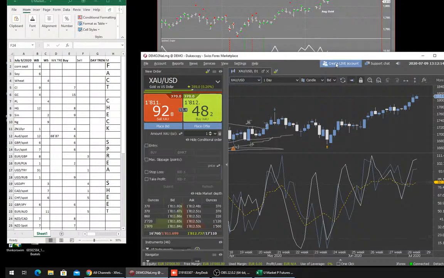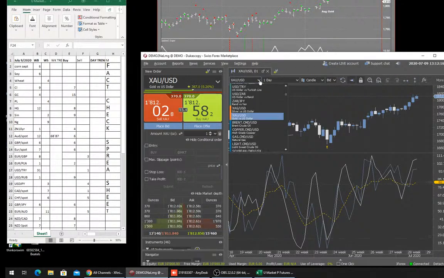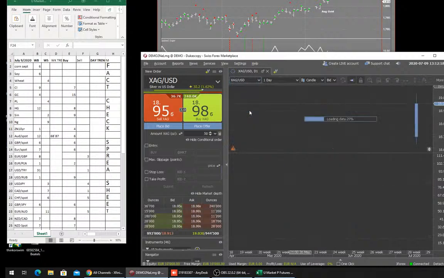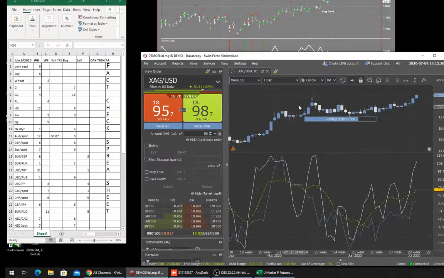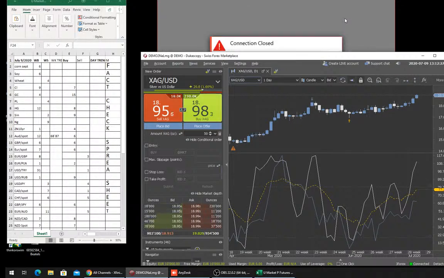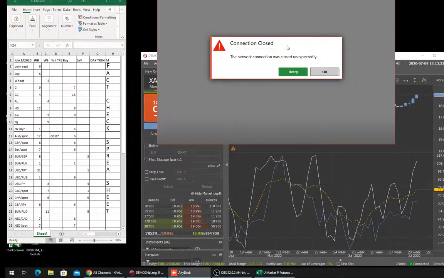So let's take a look at silver. Right there, silver is doing the same thing. Lots of strength there. Let's see what the quant shows us on silver. Now, what happened there?